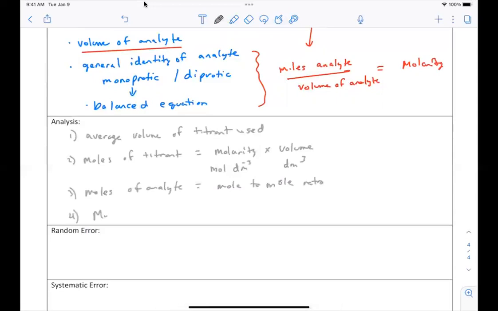And then, last but not least, we can calculate the molarity by doing the moles of analyte divided by the volume of analyte in decimeters cubed. Make sure your units are matching. A liter is 1 decimeter cubed, but generally in these titrations you're measuring in centimeters cubed, and 1,000 centimeters cubed is equal to 1 decimeter cubed.